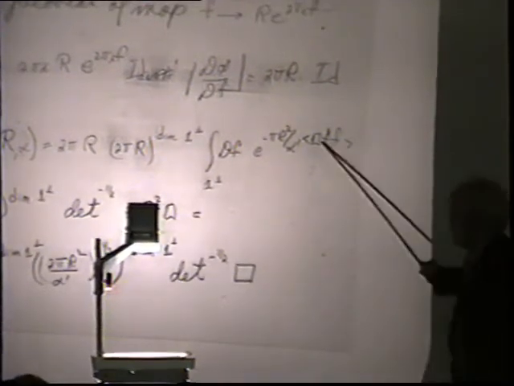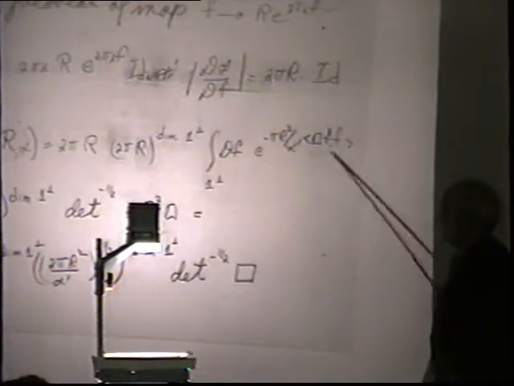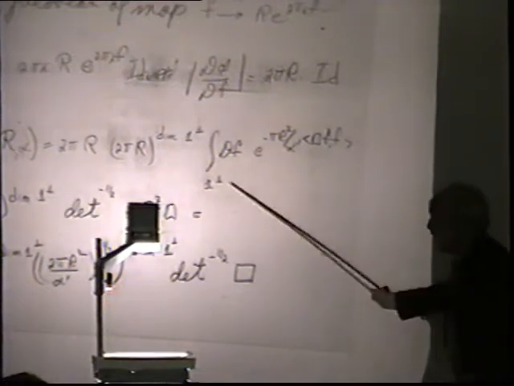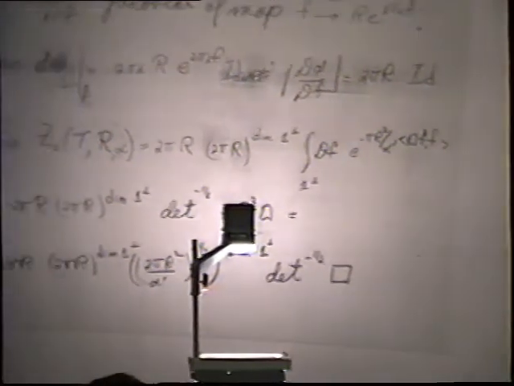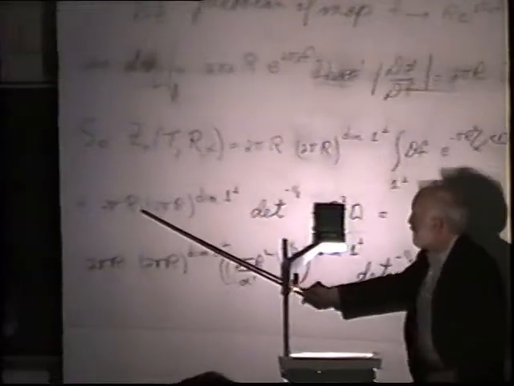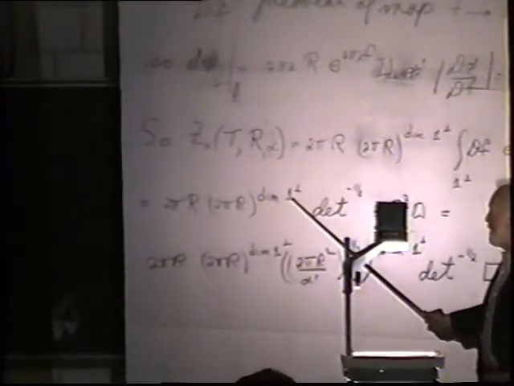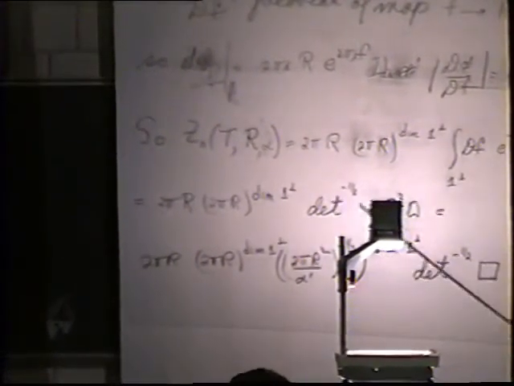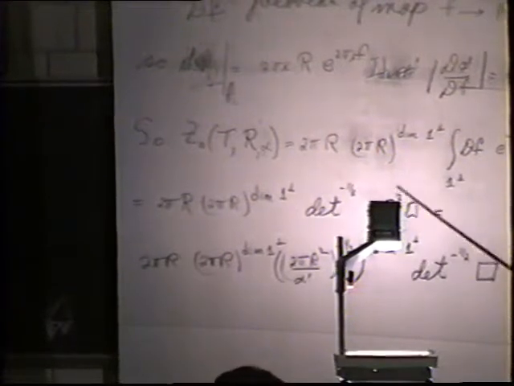So here's a quadratic integral. We know that this quadratic Gaussian integral means 1 over the square root of the determinant for this expression. So we end up with 2 pi r to the dimension of 1 perp, then 1 over the square root of the determinant of this operator.